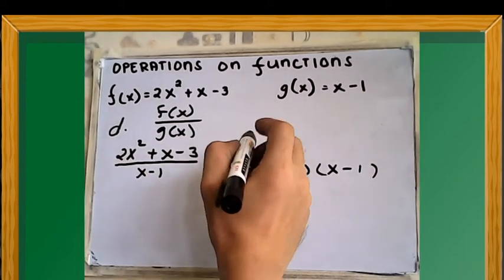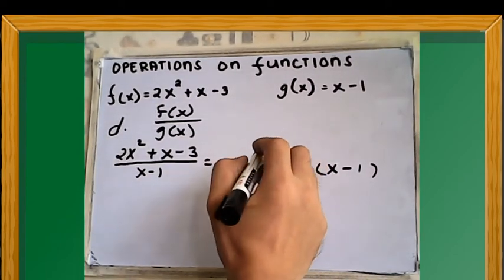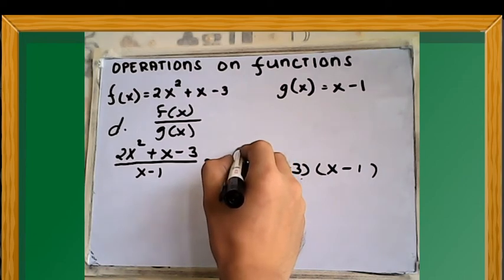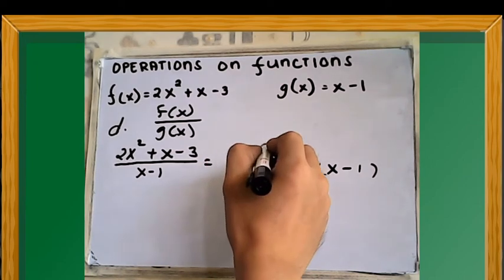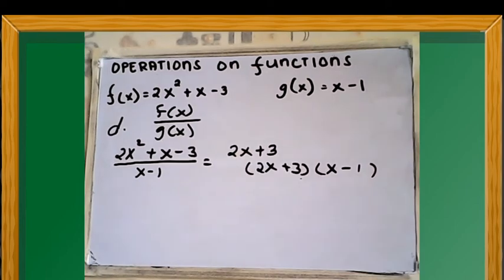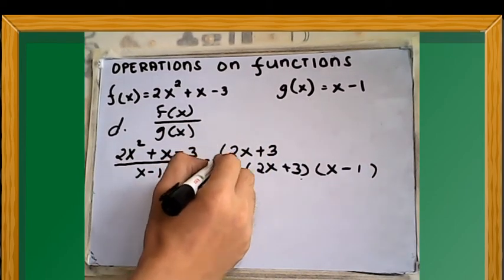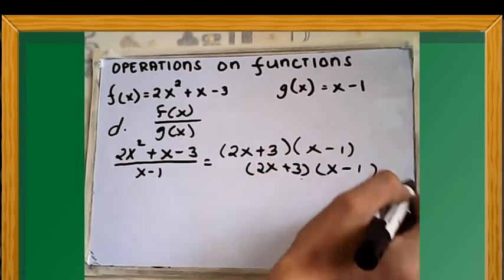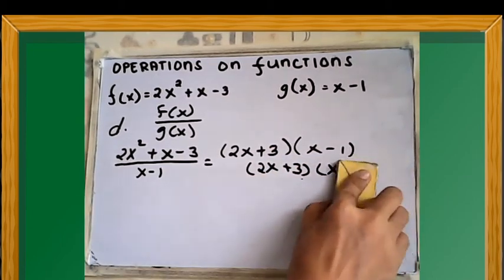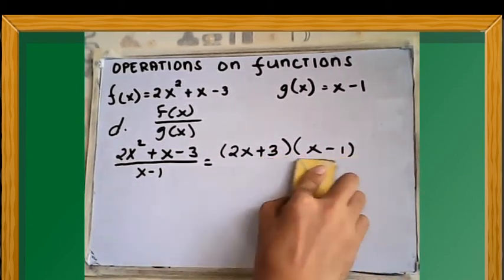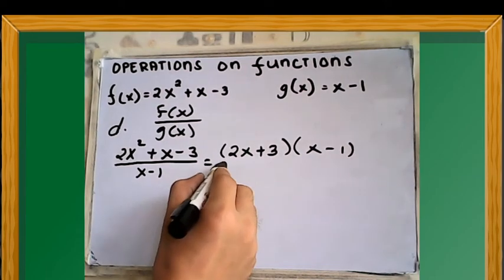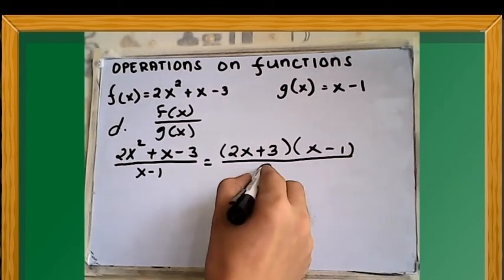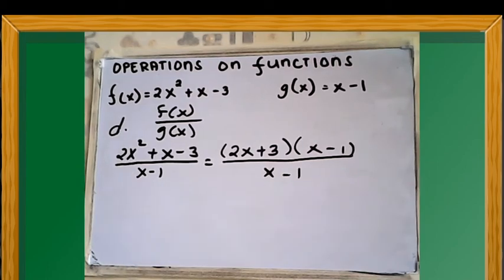So isulat natin 2x plus 3 multiplied by x minus 1. So ayan. And then denominator ay x minus 1.